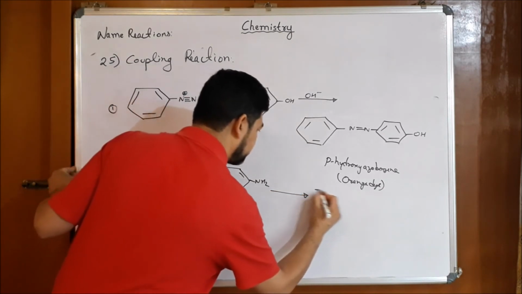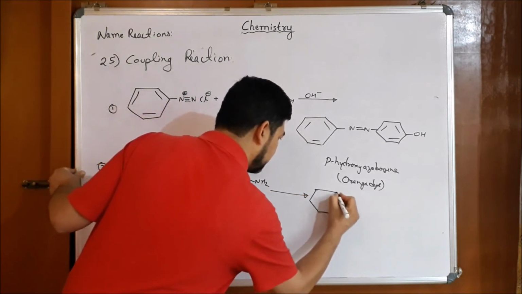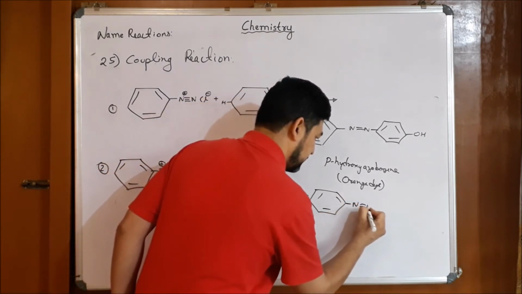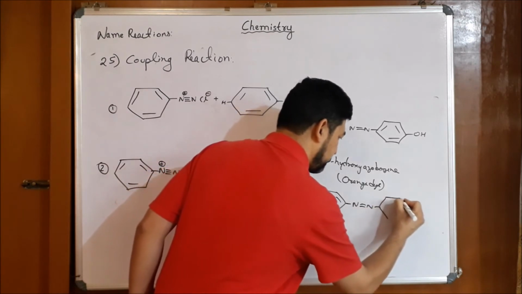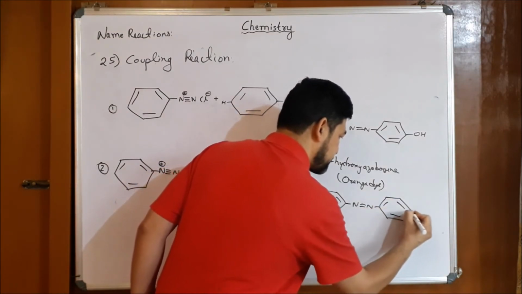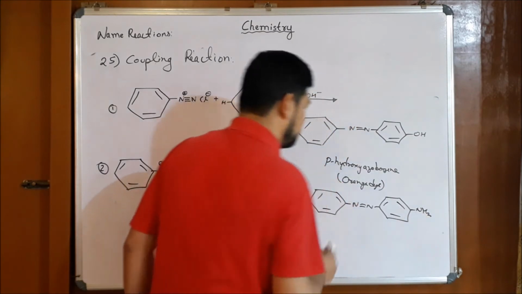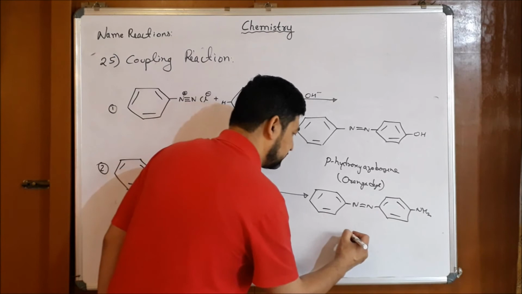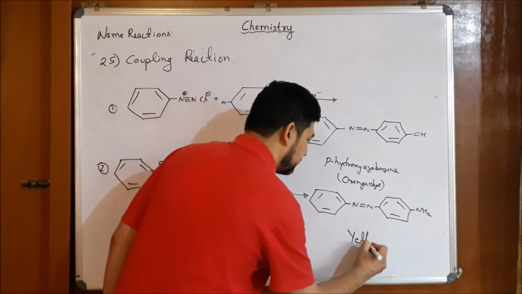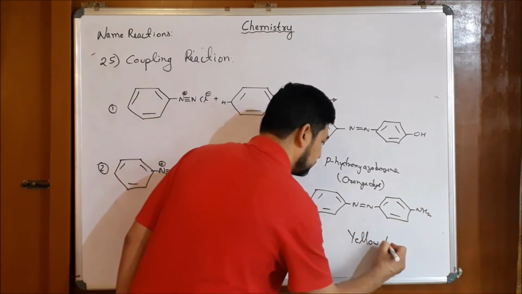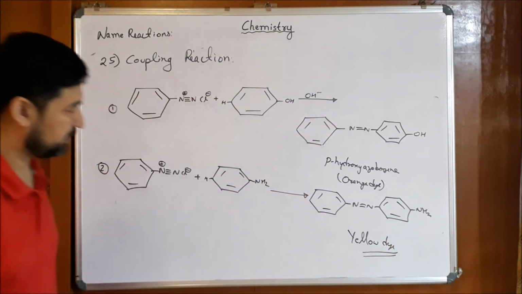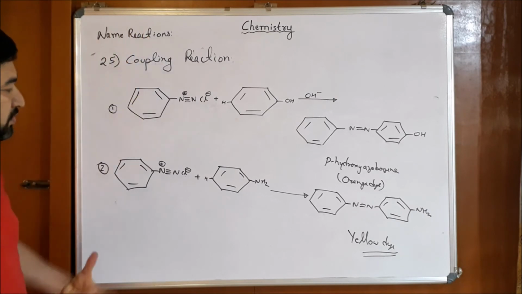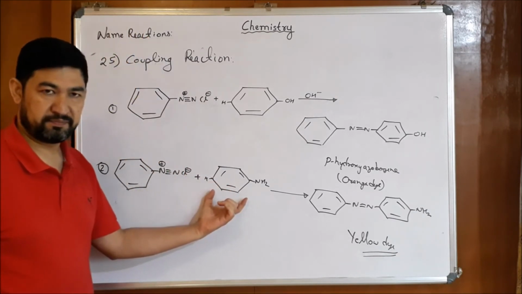So our product will be the azo dye with NH2. This is para-aminoazobenzene and it forms a yellow color dye. So this can be used for the detection of aniline.